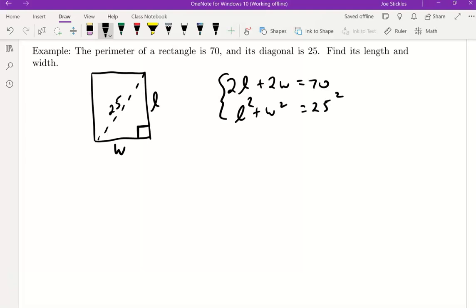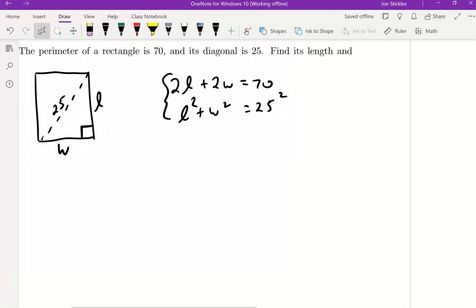Let's use the first equation and solve for one of the variables. Doesn't matter which. I'll just use the first equation to solve for L. So subtract the 2W over and divide by 2. Make sure you divide everything by 2.